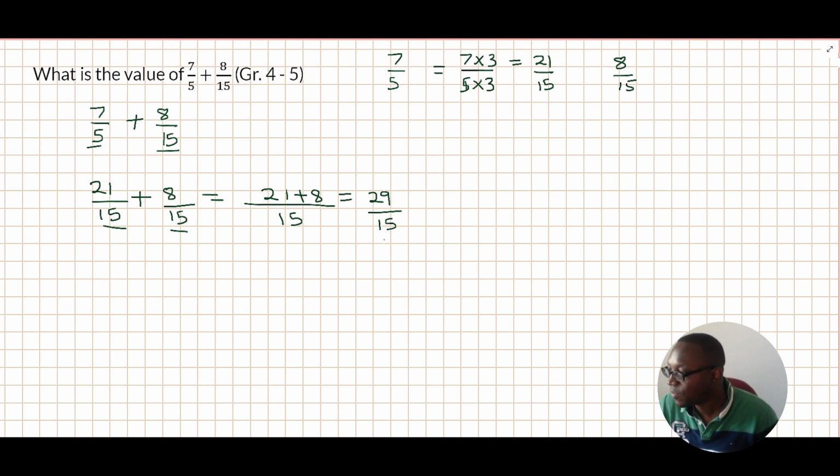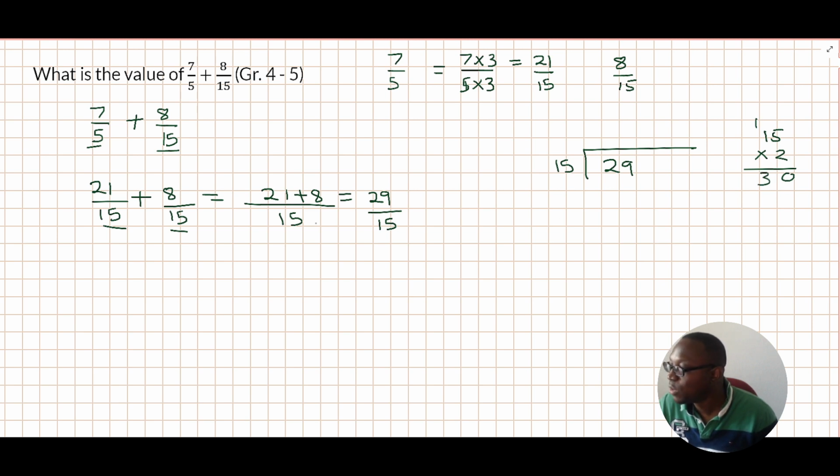This will be acceptable for some teachers, but let's go ahead and convert this to a mixed number. 29 divided by 15. How many groups of 15 do we have in 29? Let's look at what 15 multiplied by 2 is going to give us. 5 multiplied by 2 is 10. You write 0, you bring 1 up here. 1 multiplied by 2 is 2, plus 1 is 3.